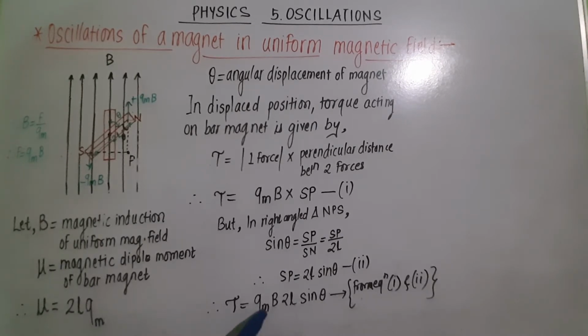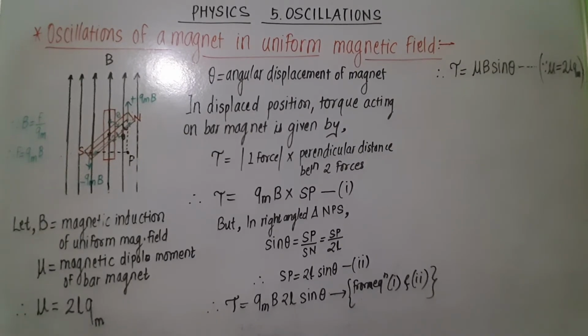Therefore torque is equal to QmB into 2L sin theta, from equations 1 and 2. But we know that 2L into Qm is nothing but the magnetic dipole moment of the bar magnet. So substituting here, we get the torque acting on the bar magnet is equal to mu B sin theta.